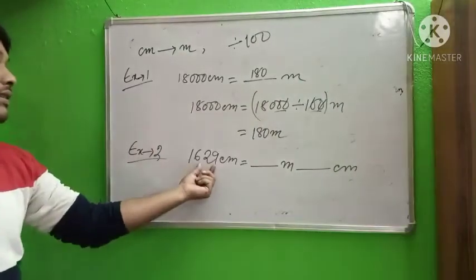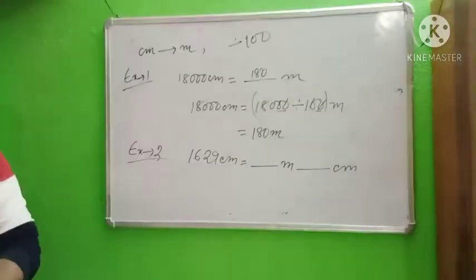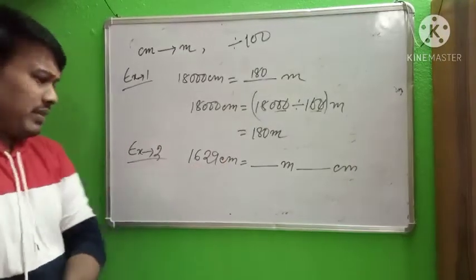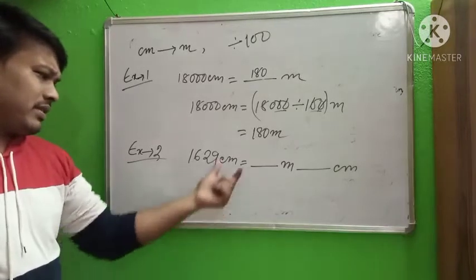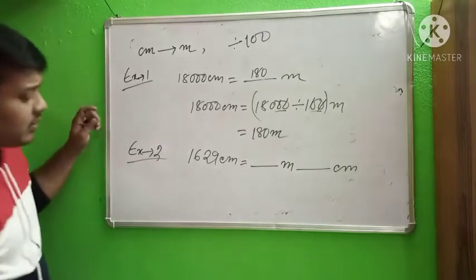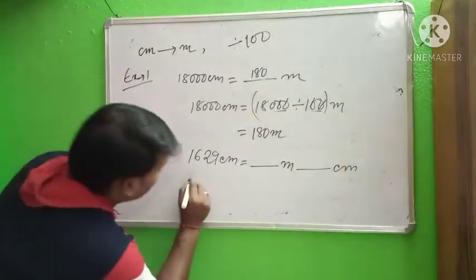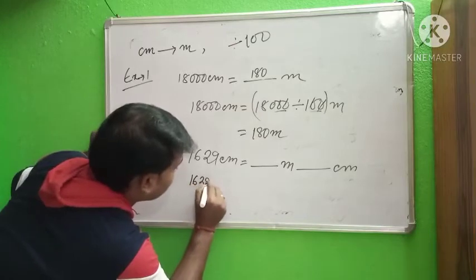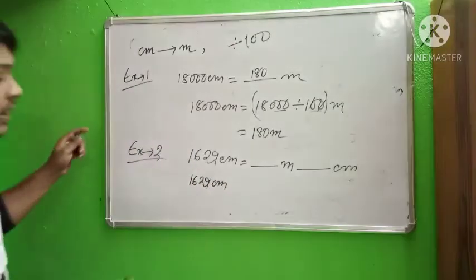Because at the last there is no 00, if we divide it by 100, then some remainder is there. The remainder will come in centimeter. So in this case, we have to follow this. 1629 centimeter. Okay.